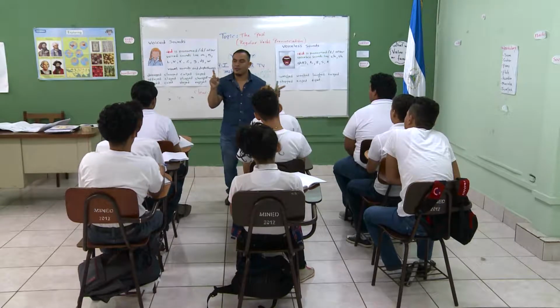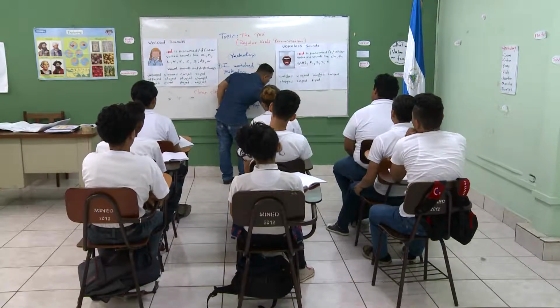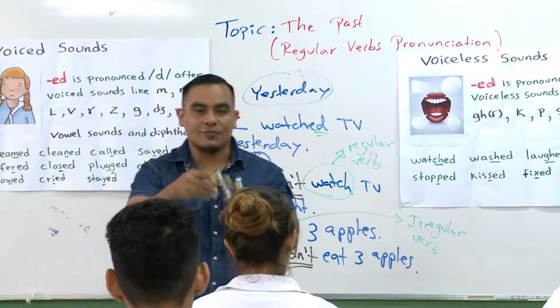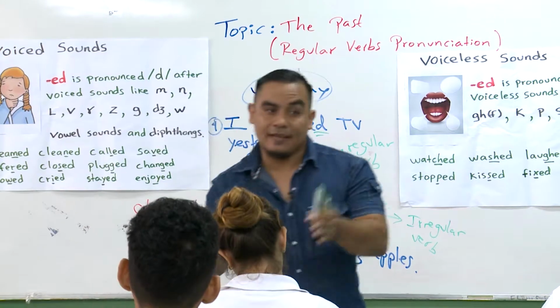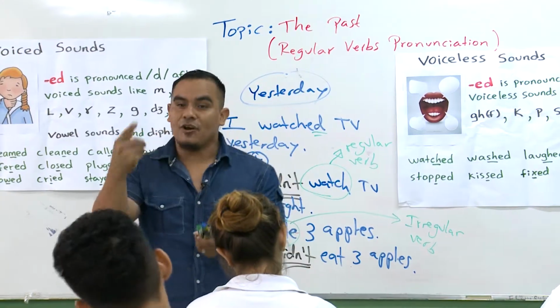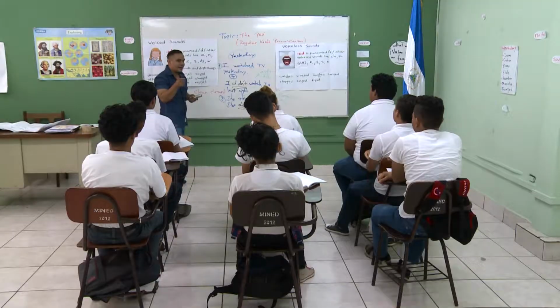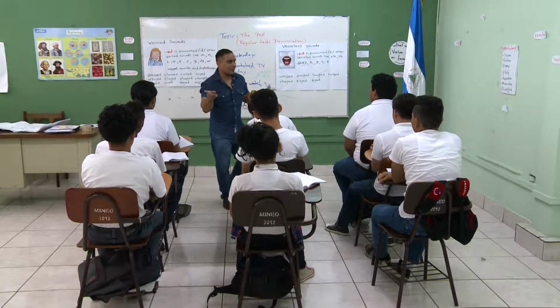Irregular. Okay, good. So I repeat, in English we have regular verbs and irregular verbs, but the majority of them are regular verbs. Do you understand? Everybody understands?